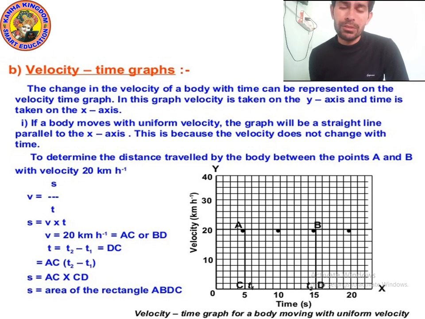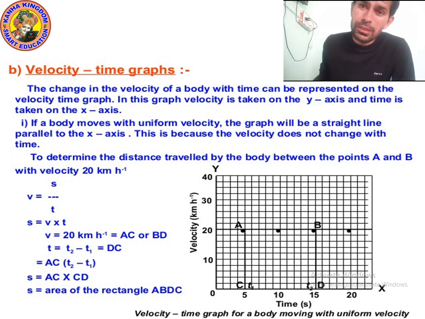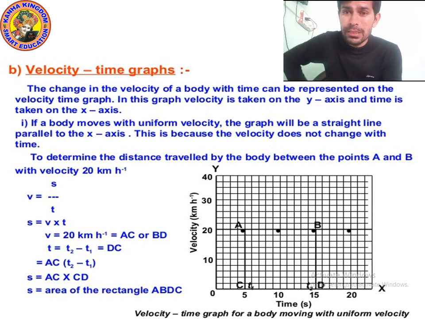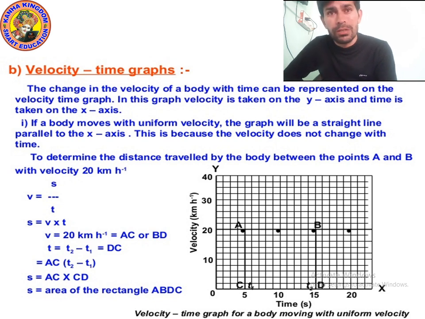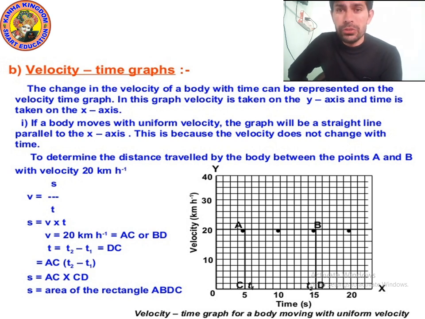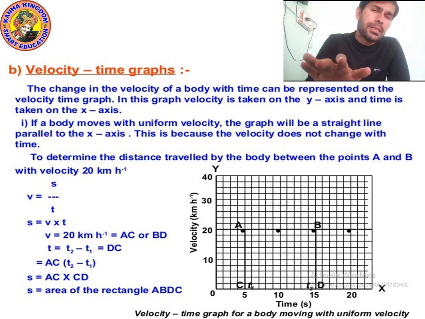So average velocity is equal to initial velocity plus final velocity upon 2. If the initial velocity is u and the final velocity is v, then u plus v upon 2 will be the average velocity. Speed and velocity have the same unit, meter per second.